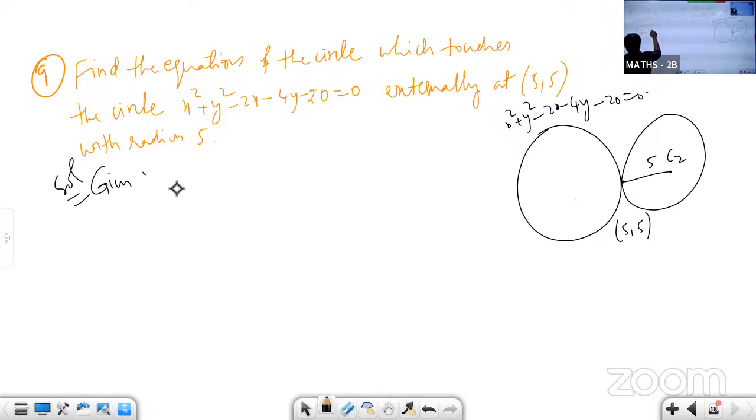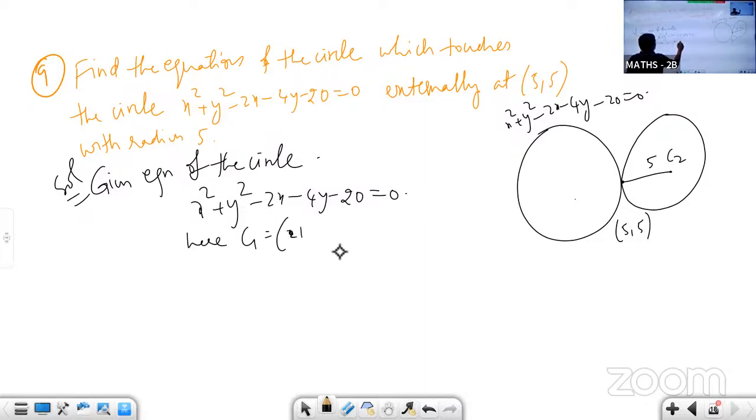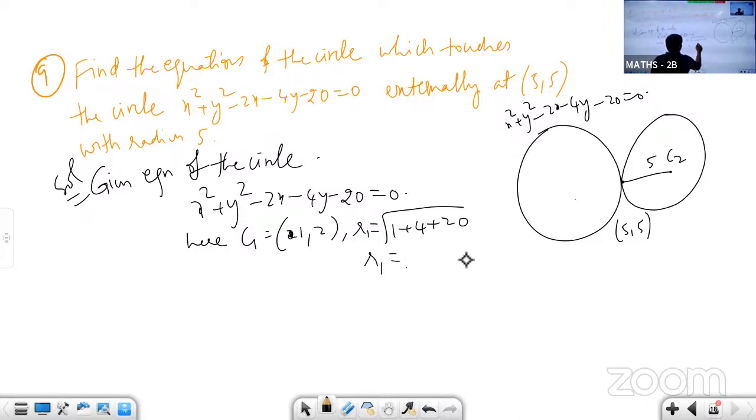So given equation of the circle x square plus y square minus 2x minus 4y minus 20. Here center C1, let it be 1, 2, and radius r will be under root of 1 plus 4 plus 20, that is root 25, which is 5.